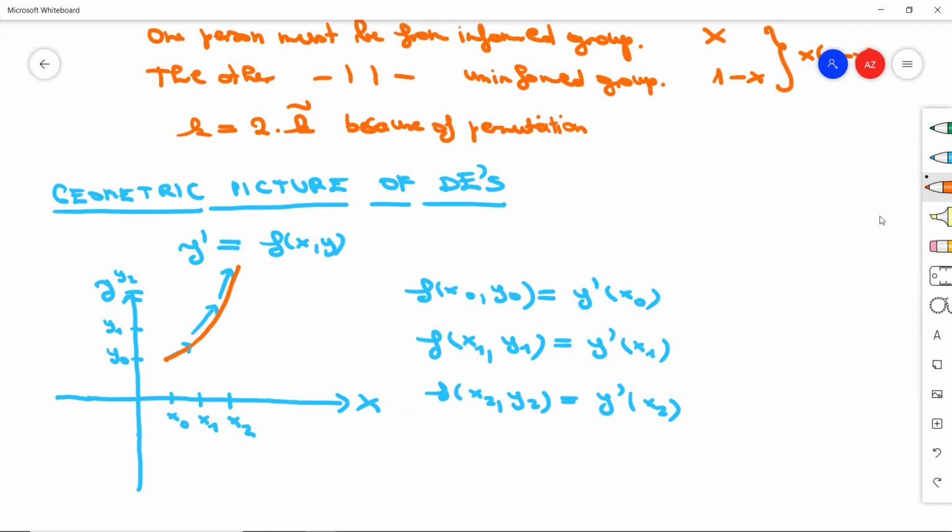But the denser the grid, the more accurate our solution. So that's what we are doing when we are solving a differential equation. We are just following the tangents at every point.